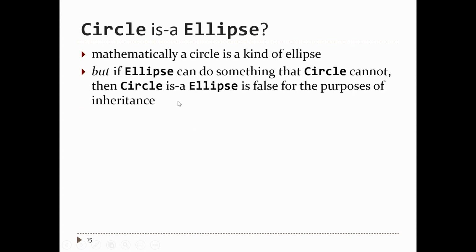But what you have to keep in mind is that if the Ellipse class can do something that the Circle class cannot, so the circle can't do everything that an ellipse can do, what does that mean? It means that you cannot substitute a circle object when you're asked for an ellipse object, because the circle object can't do everything that the ellipse object can do. And that's a problem in terms of inheritance.